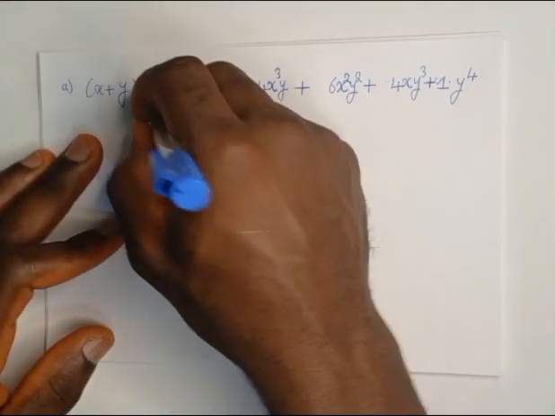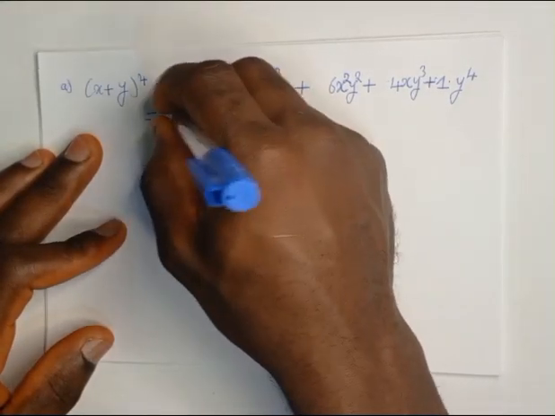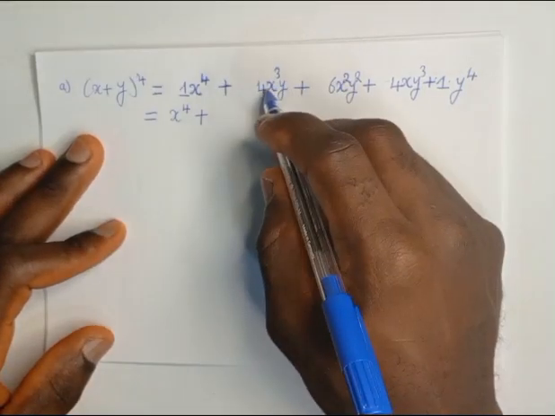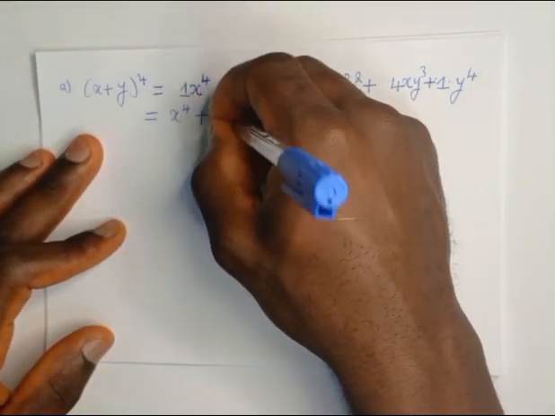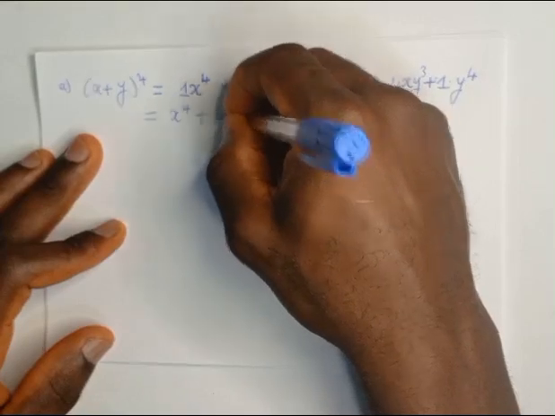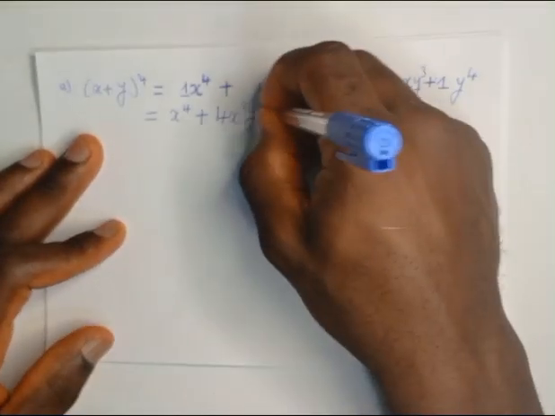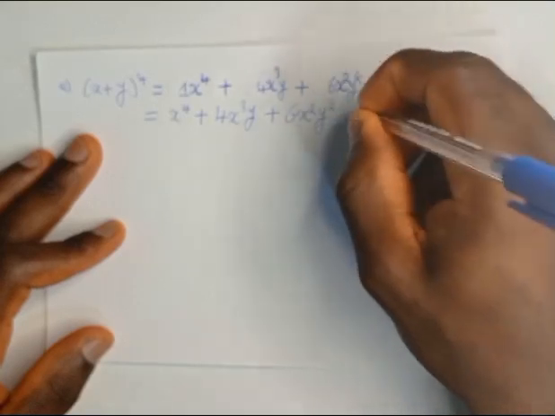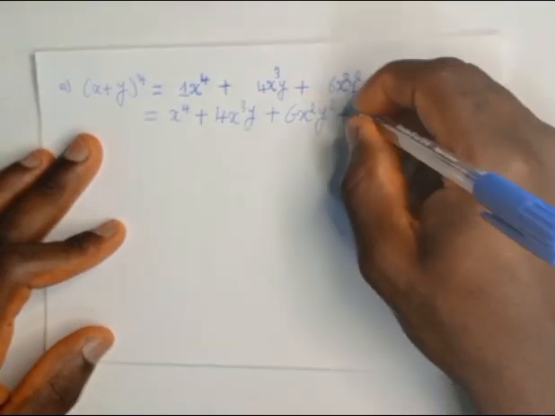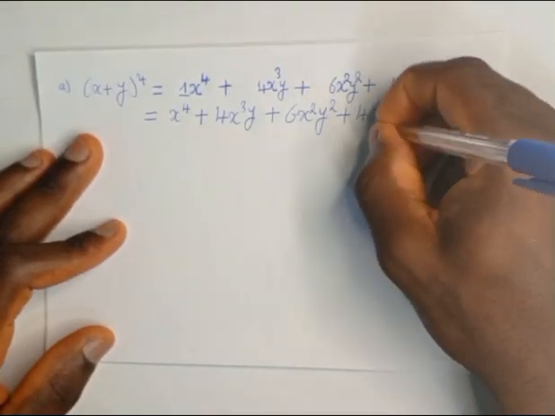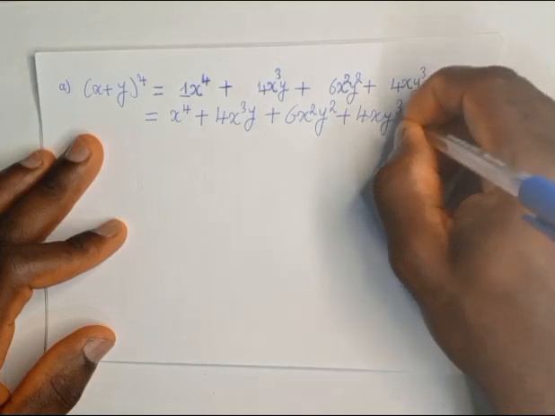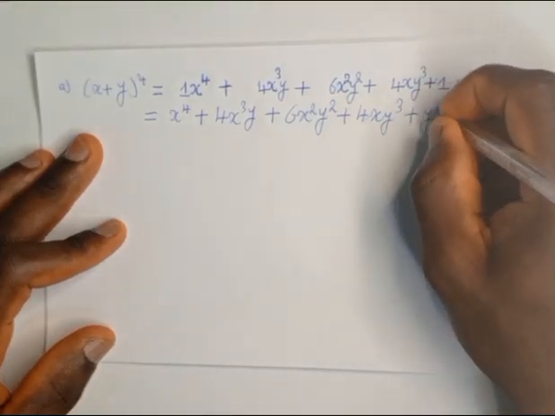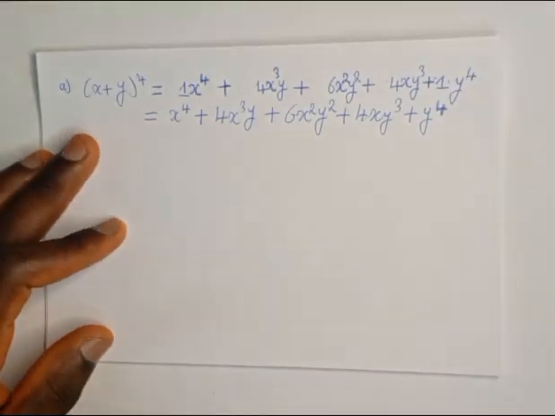This will simply be equal to 1 times x to the power 4, this is x to the power 4, plus 4x cubed y plus 6x squared y squared plus 4xy cubed plus 1 times y to the power 4, which is y raised to the power 4.